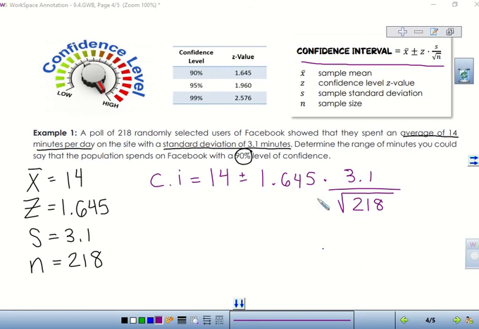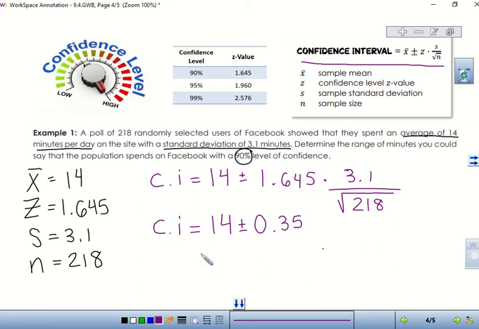Usually I'll simplify this side first. So the confidence interval is equal to 14 plus or minus, and then I just do the math here: the square root of 218, 3.1 divided by it, and then times the 1.645. When you do that math, after you round to the hundredths place, it comes out to 0.35.